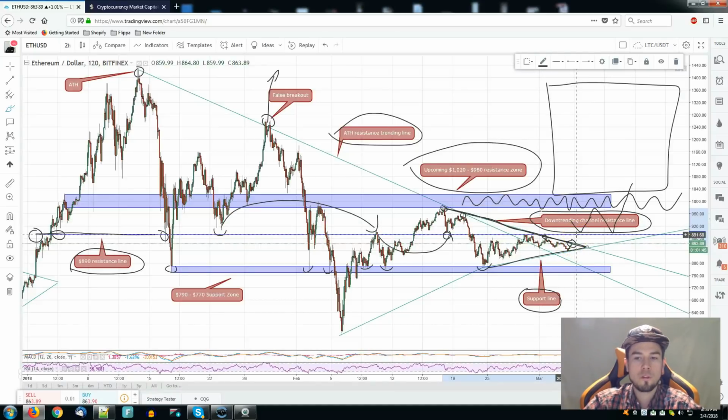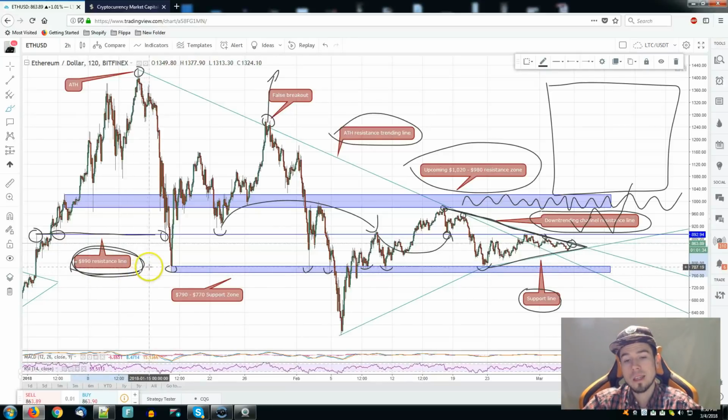It breaks out, confirms above it, and we're good to go to test the 890 resistance line, which needs to be transformed into our support, because right now it's acting as a resistance. In the upcoming movements, we can definitely do that, as long as we're testing it in a bullish environment, right?